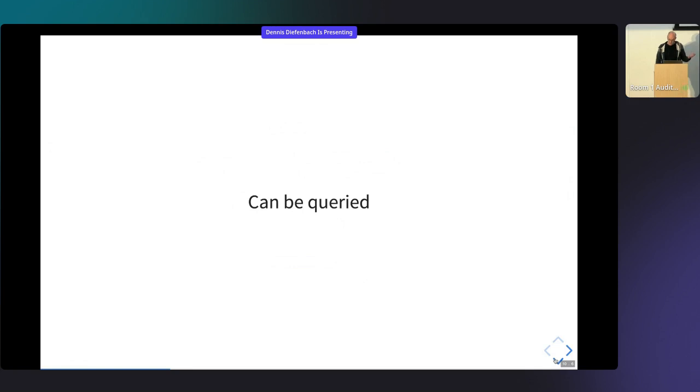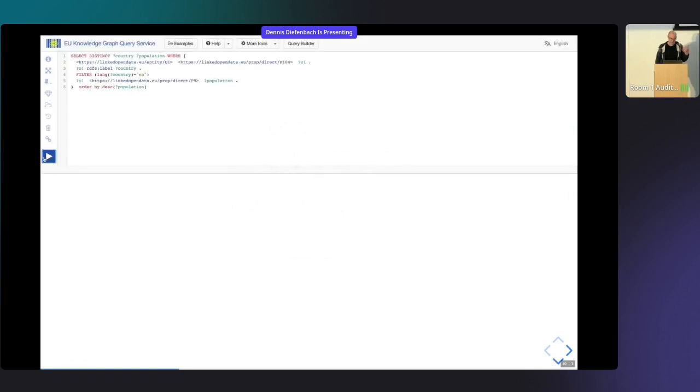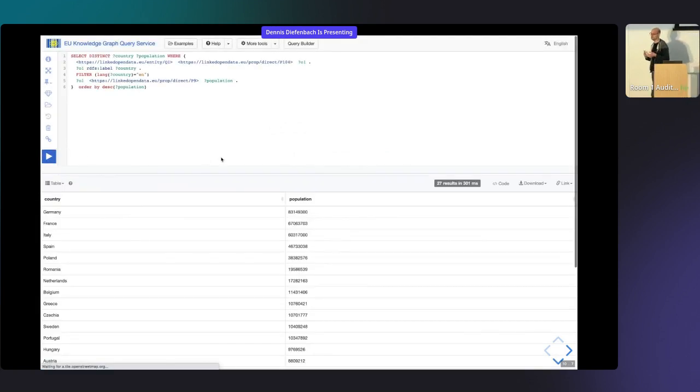Also, it can be queried. So the query service, in fact, is a very essential part of the Wikibase ecosystem. If you install Wikibase, you do not get only this interface to edit and visualize the data, but you also get this query interface out of the box, which is used by, it's crazy, thousands or 10,000s of queries that are run against the official Wikidata SPARQL endpoint every day, and you get basically one for your organization.